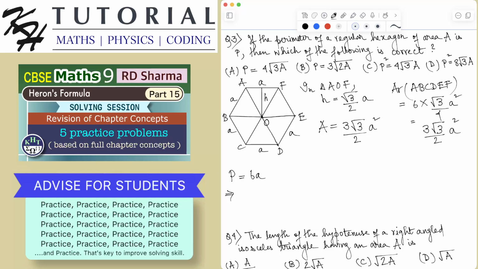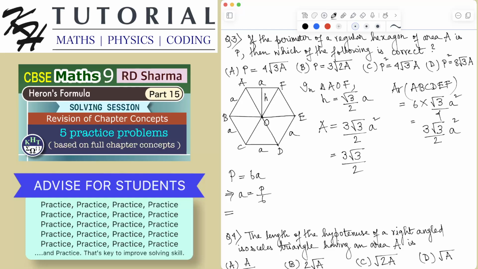In the choices you see the relations are given between P and capital A, that is the area. So somehow we have to find the relation between the perimeter and the area of the regular hexagon. Area capital A is 3 into square root of 3 divided by 2 small a square. Now this implies a is equal to P by 6.